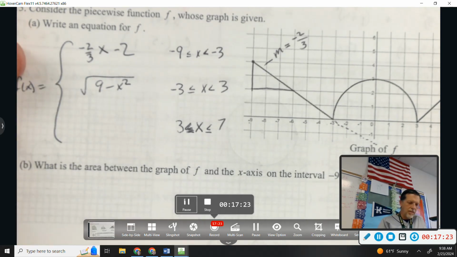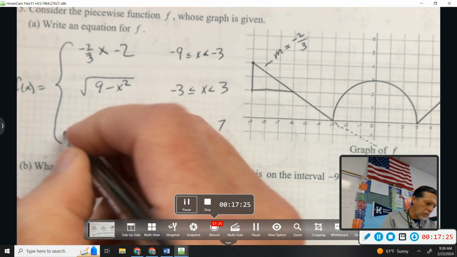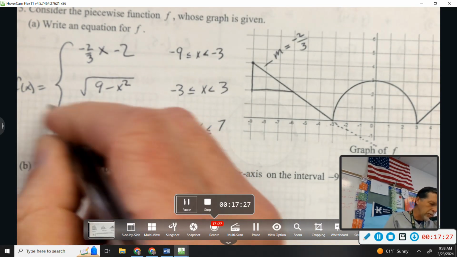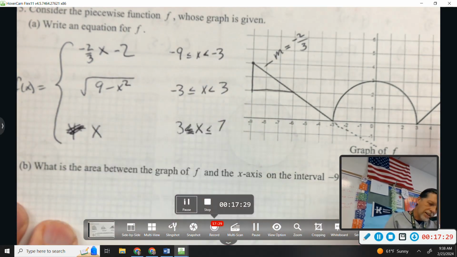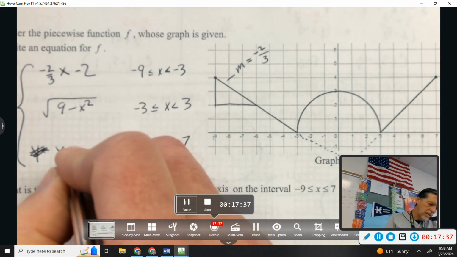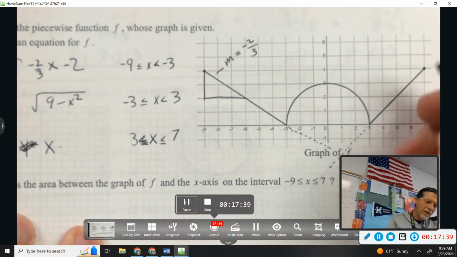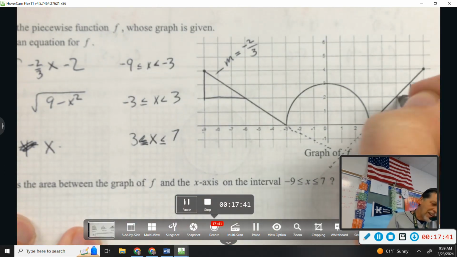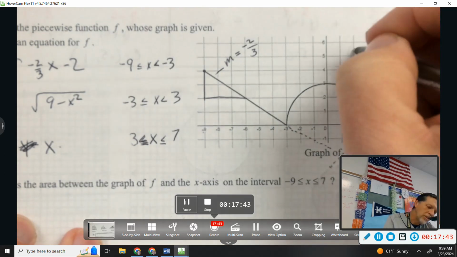And then same thing on the other side. Slope is 1. Oops, not y equals. We already have the y equals. x. Can you tell what that's going to be? Ish. I'm not sure about ish. I don't like that. Let's do this a better way. So slope is 1.